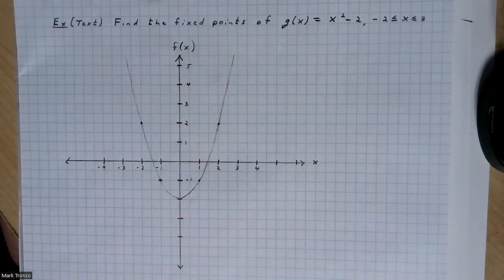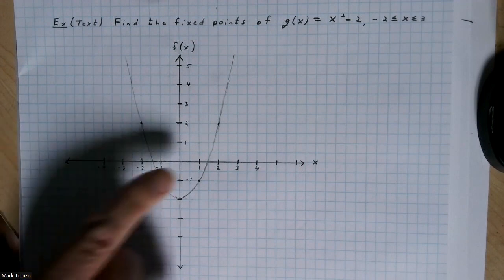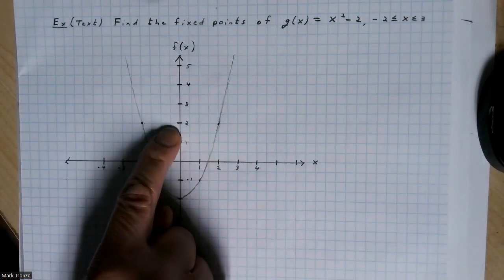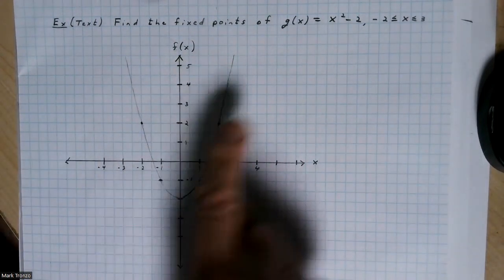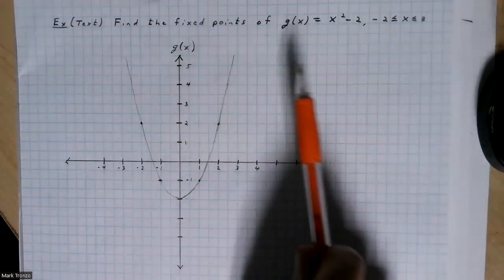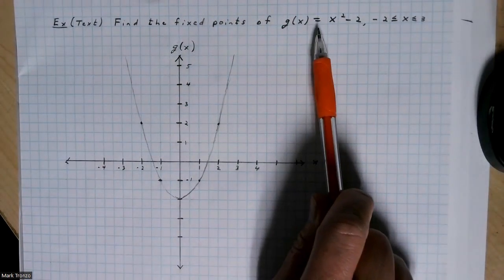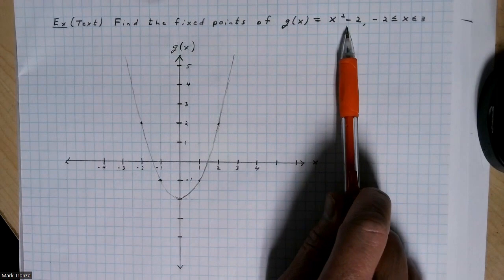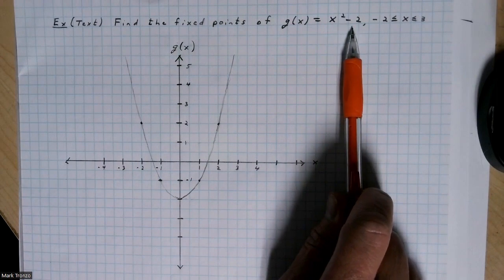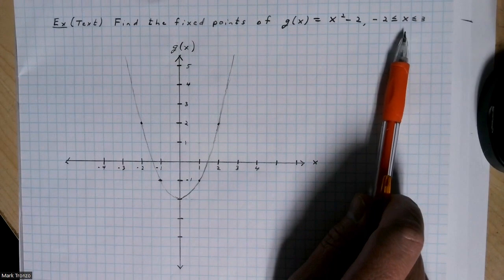Now we can find fixed points graphically as well. If you make a graph of your function, you can just find the places where the input and the output are the same. So here we have this function g of x equal to x squared minus 2, going from -2 to 3.